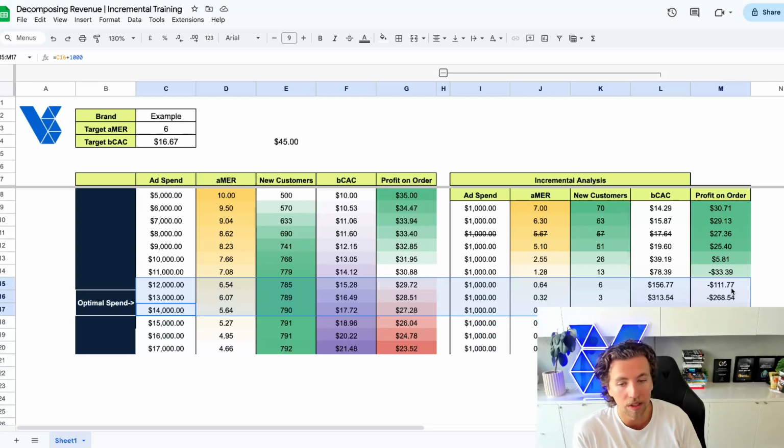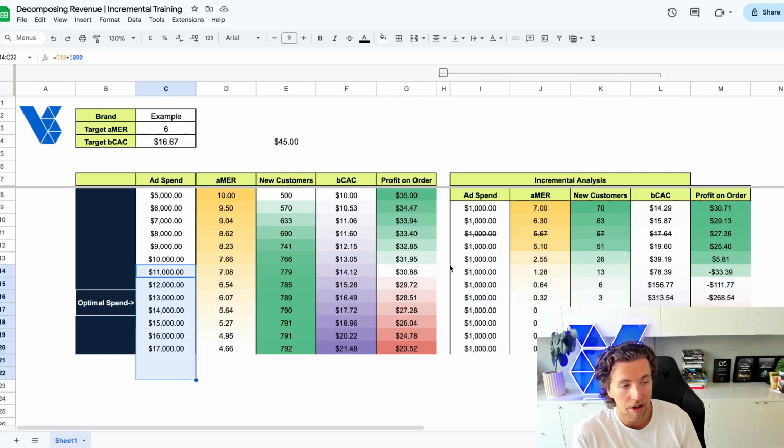And then it's okay, cool, let's cut it. And then let's add it back in a way that it will be incremental. And then continue adding spend over time that will be incremental. Because if you're just layering in spend and it's not actually driving incremental profit on each order, you're just going to layer losses into the P&L, and you're going to run your business at a 5 to 10% EBITDA when you could just be running it at a 20 to 25% EBITDA, and everything would be the same.